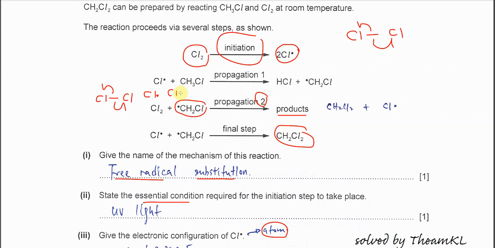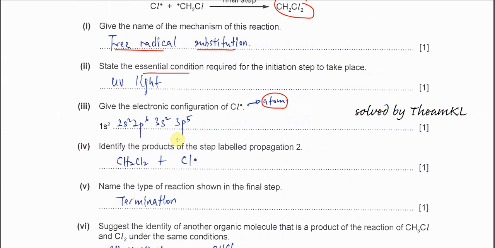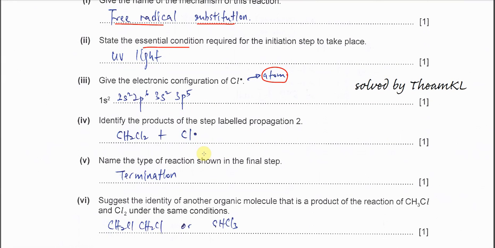One of the chlorine radicals will form a new bond with this CH2Cl, forming the product CH2Cl2. And a chlorine radical is regenerated. This chlorine radical will go to propagation 1 and do the same thing again. So the products for propagation 2 are CH2Cl2 and the chlorine radical.